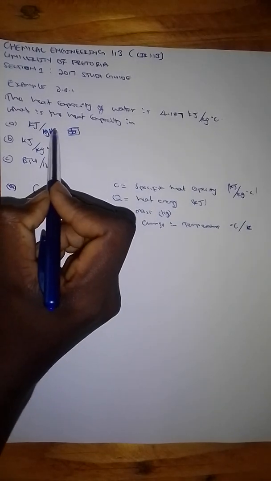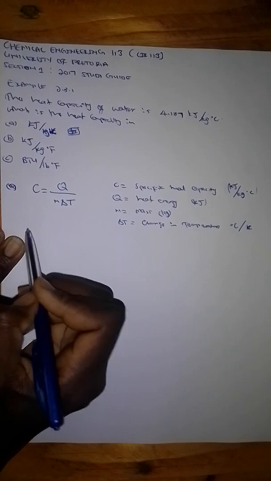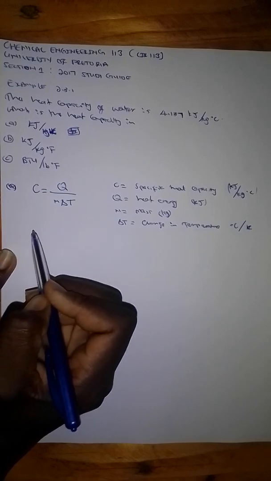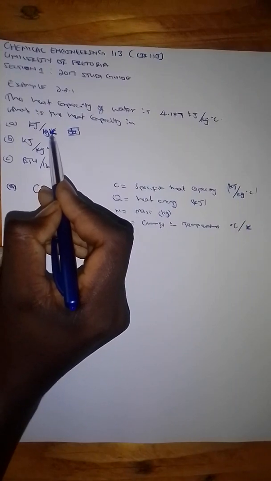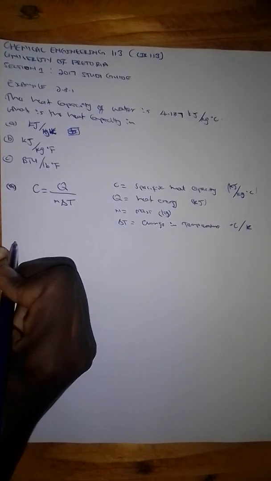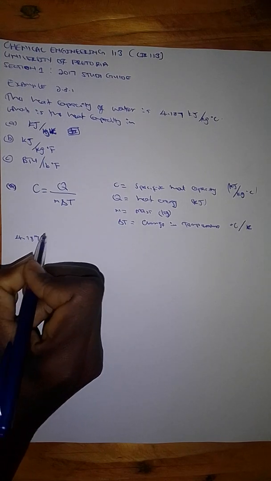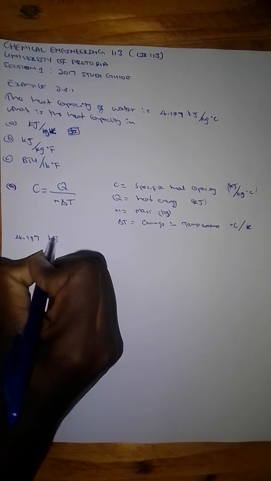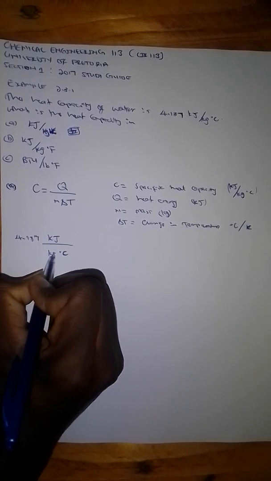So only the temperature changes in these units. What we're going to do now is convert degrees Celsius to Kelvin, but there's something I want to highlight. Let me write 4.187 kilojoules per kilogram degrees Celsius.